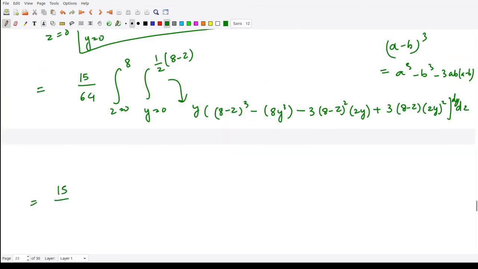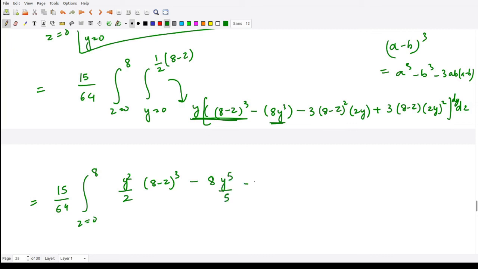So it would be 15 upon 64, integration z varying from 0 to 8, and when you perform this integration, for the first term it would be y square by 2 (8 minus z) cube as such, and then the integration would be minus 8 as such, y to the power 4, because one y is here outside, so it would be y to the power 5 by 5, and then we have minus 3 (8 minus z) square as such, 2 as such, so we have 6, and z square, so it would be y cube by 3, and then plus 3 (8 minus z) and into 4, so we have 12 here, and y square into y, that is y cube.